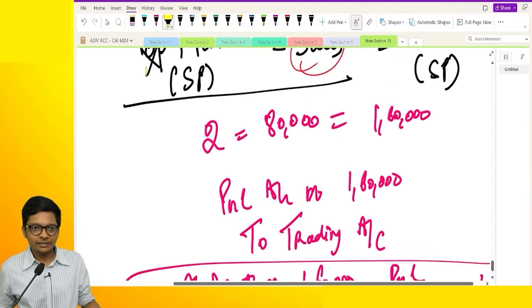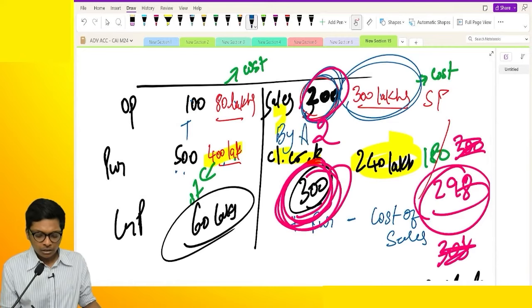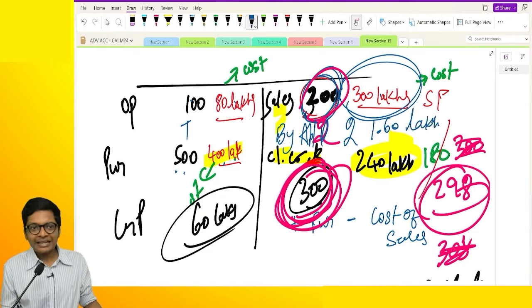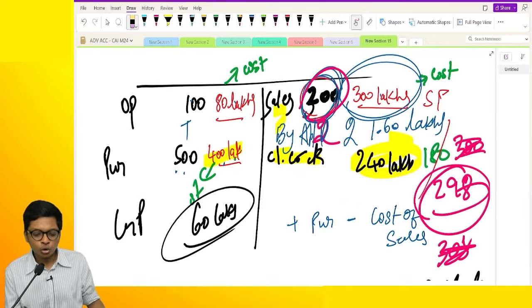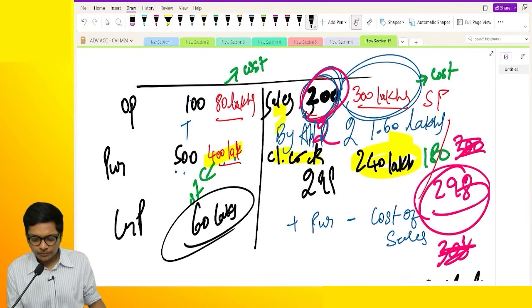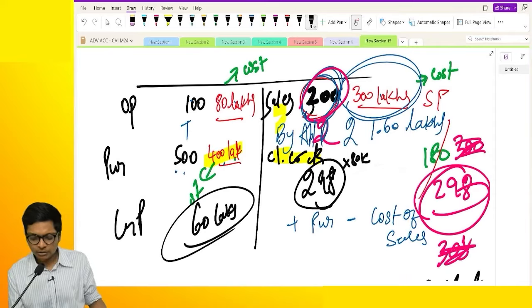Do you remember, guys? Why do I credit in trading? Because here I will write by abnormal loss, how much? 1.60 lakhs. Only if I write by abnormal loss too, then closing stock will become 298, and the value of closing stock will be 298 into 80,000. How much, guys?